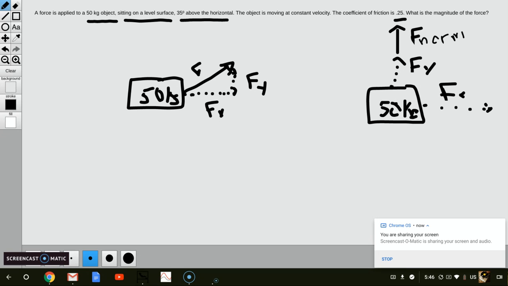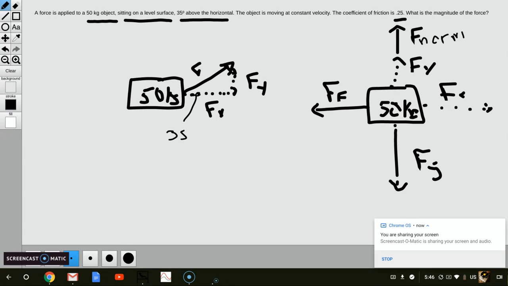So we know we have the force of friction, and then we've got the force of gravity. Now, we also know that our angle here is 35 degrees.